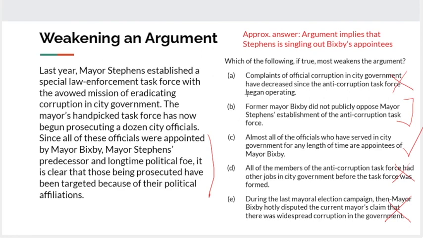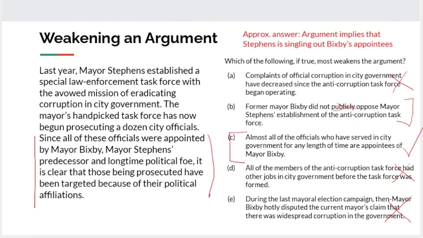So why is B not correct? Well, it doesn't directly address or have to do with this argument. If we think about it, whether or not Bixby opposed the establishment of the anti-corruption task force, whether he did so publicly, privately, both, neither, it doesn't connect with the key point being made in the argument, and that is the idea of whether or not the ones who have been prosecuted were prosecuted because of their political affiliations, regardless of what Bixby thinks about it.